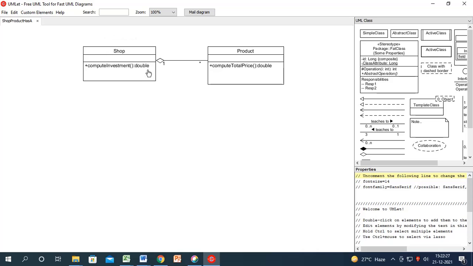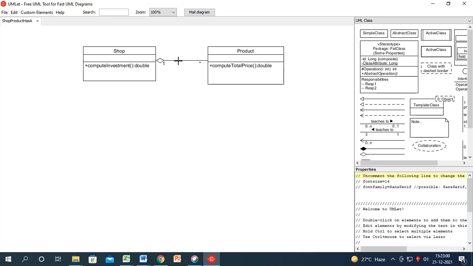Now these two classes, shop and product, attributes I have not written purposely. You need to identify them and write them. You have to remember that all the attributes are private. The other thing is, this is compute total price. This is one method, but other than that there could be one more method as well for the product, and for shop also you have to write the appropriate attributes.